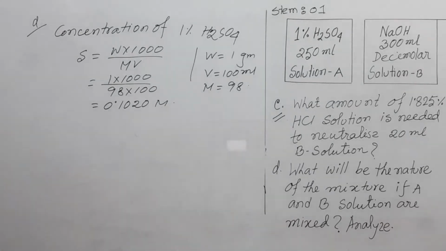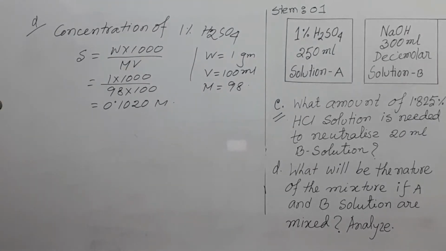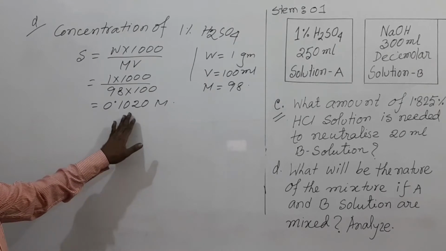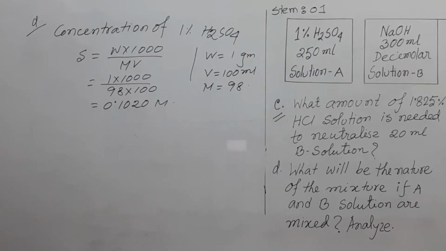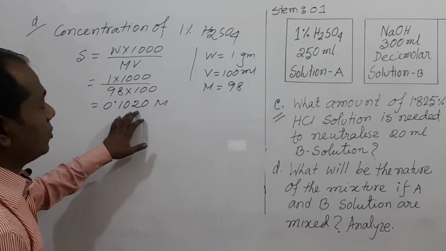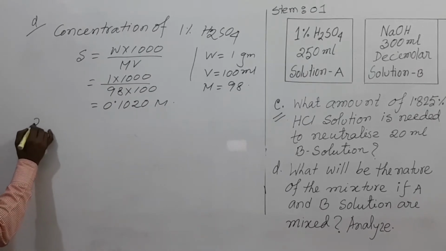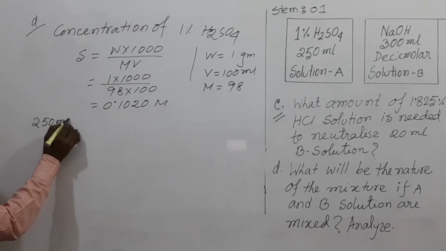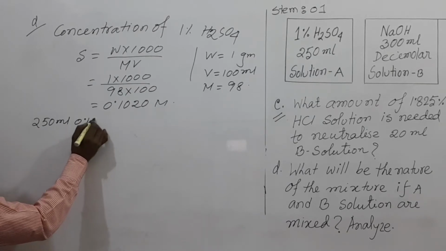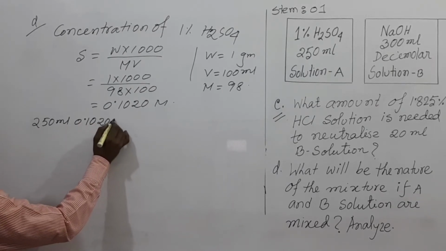So, the concentration of 1% sulfuric acid is 0.1020 molar.